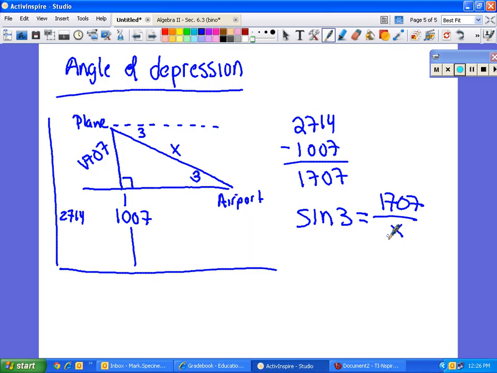Good. What we're going to do is multiply both sides by x to get rid of the x's on this side. So I get x times the sine of 3 is equal to 1707. Now it's an algebra problem. I'm going to divide both sides by the sine of 3.